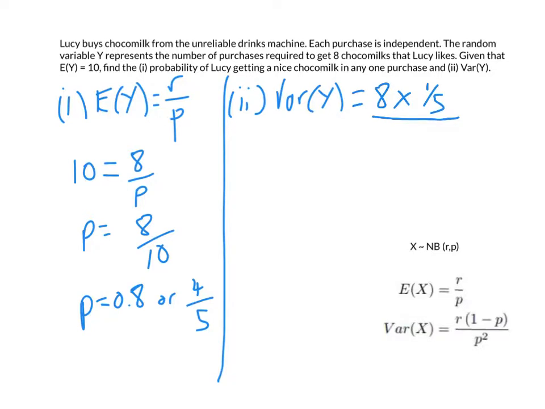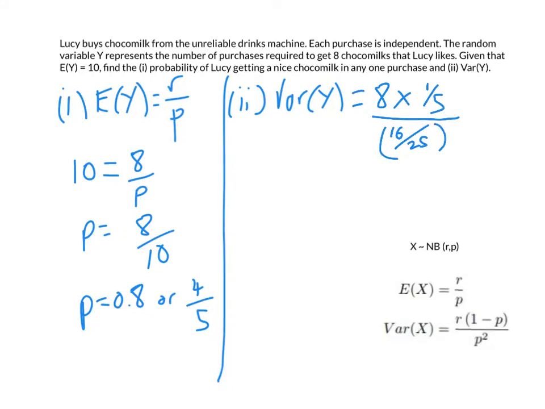Now we're dividing by p squared. Well, I'm just going to do it with fractions. With a calculator, it doesn't matter. You could do either. Depends what it wants as well in the question. So over 16 over 25.